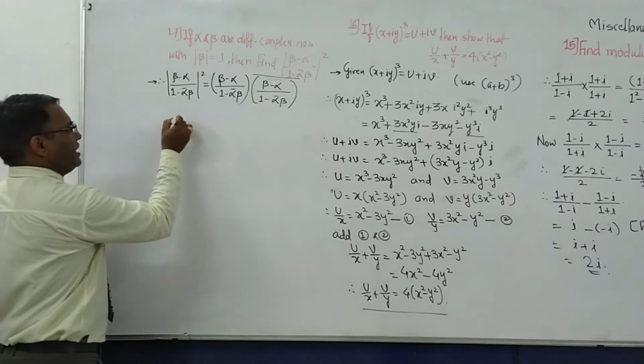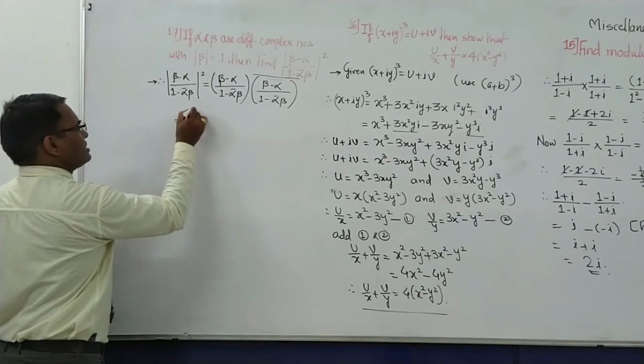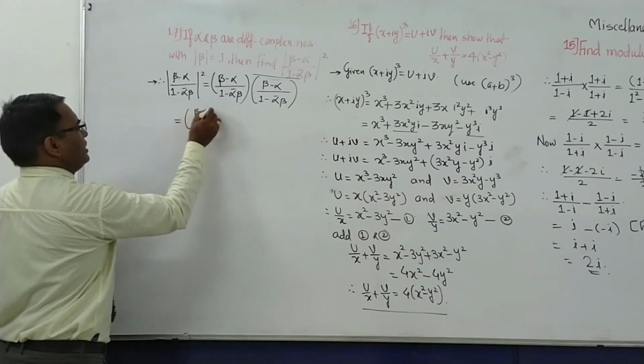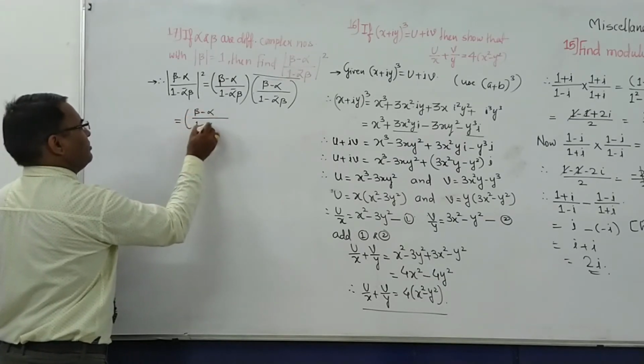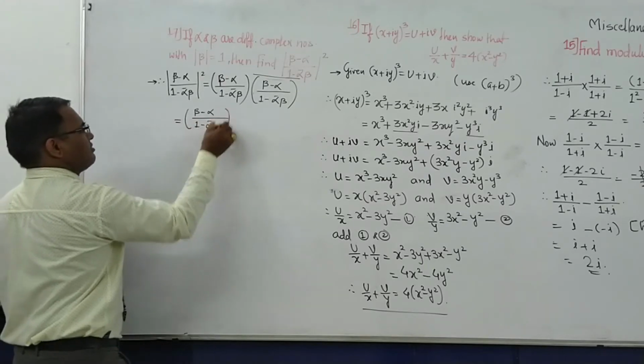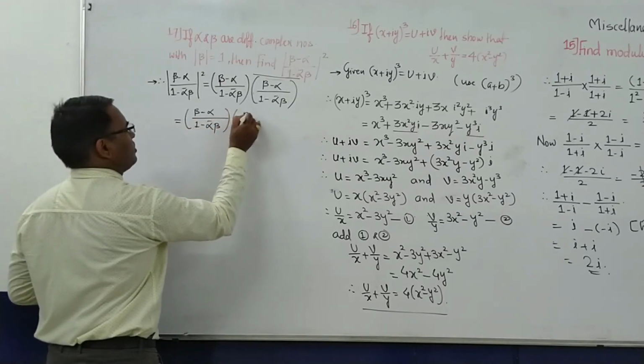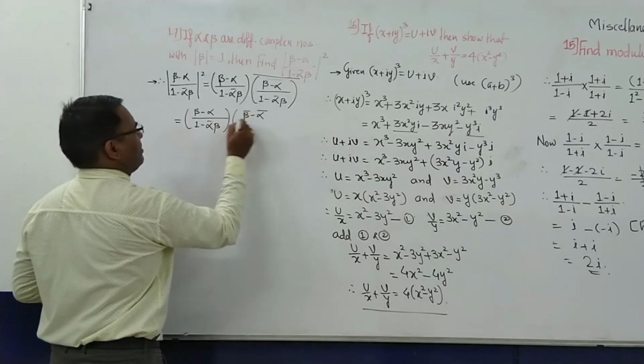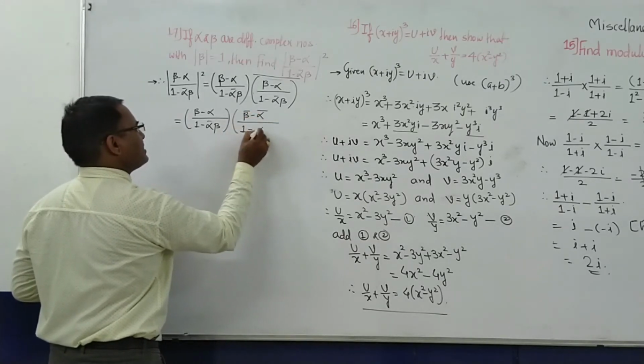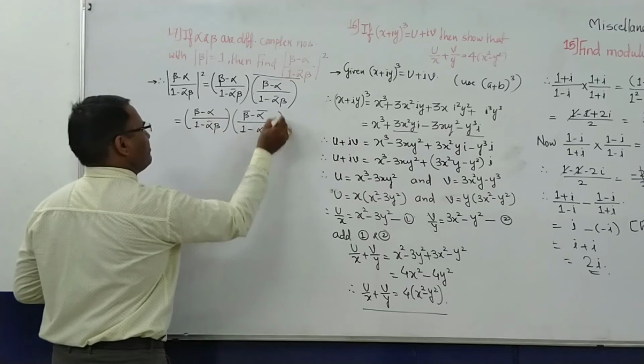Okay, then what will happen? It will be like this: beta minus alpha upon 1 minus alpha bar beta into beta bar minus alpha bar upon 1 minus alpha beta bar.